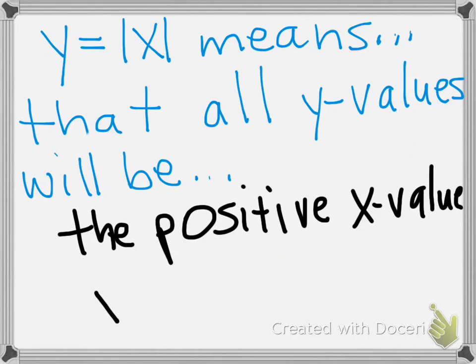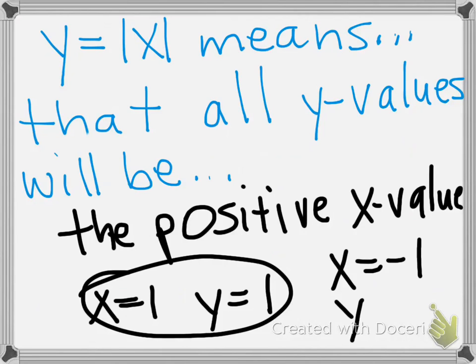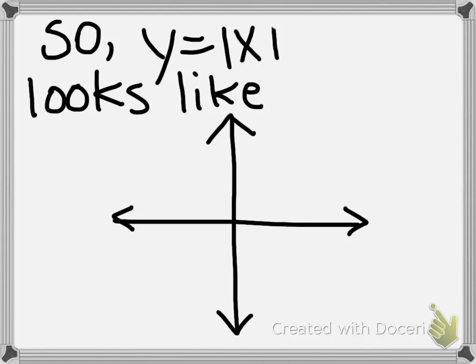So if you tell me the x value is 1, then the y value is 1. If you tell me that the x value is negative 1, then the y value is the positive of that, and positive of negative 1 is positive 1. So when we graph it, we're going to see what this graph looks like. We just did a couple of little tiny examples.